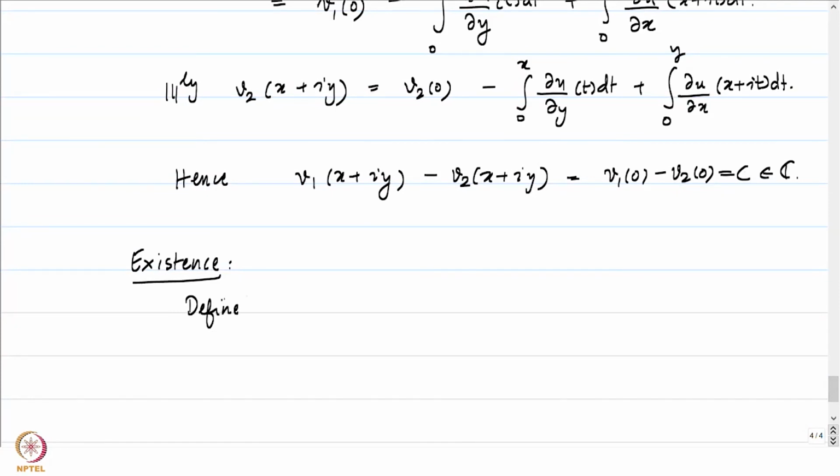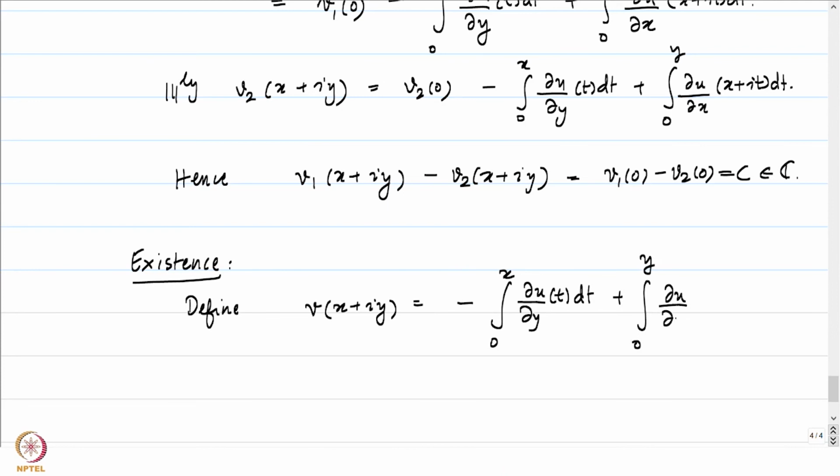So define v of x plus iy to be equal to minus the integral from 0 to x of dou u by dou y of t dt plus the integral from 0 to y of dou u by dou x of x plus it dt.